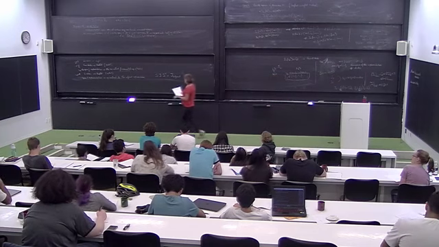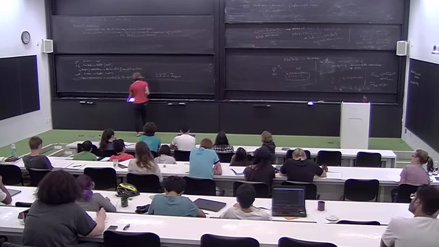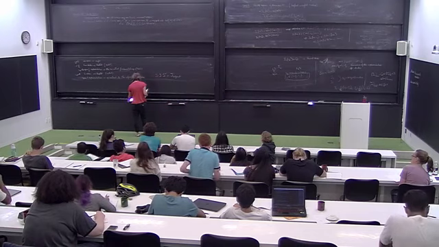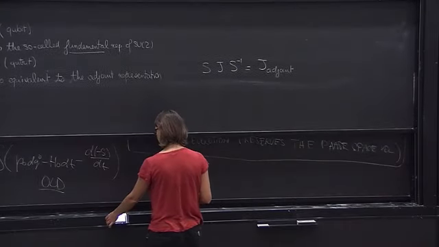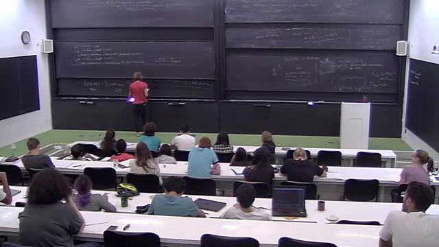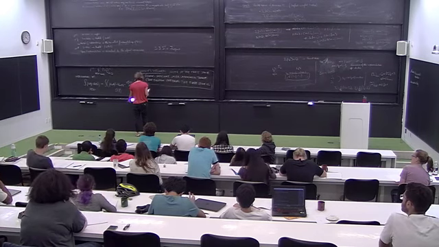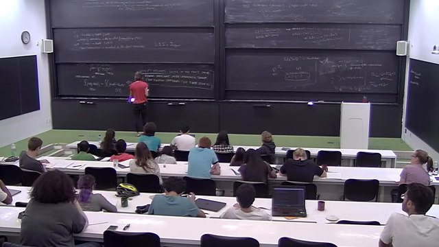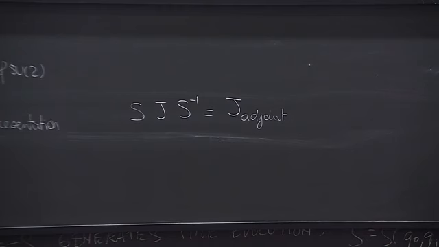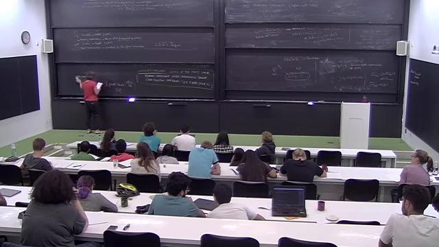Okay, so besides here, one important parameter you see is this spin J. This is the dimension of the representation, an important characteristic of the representation here.